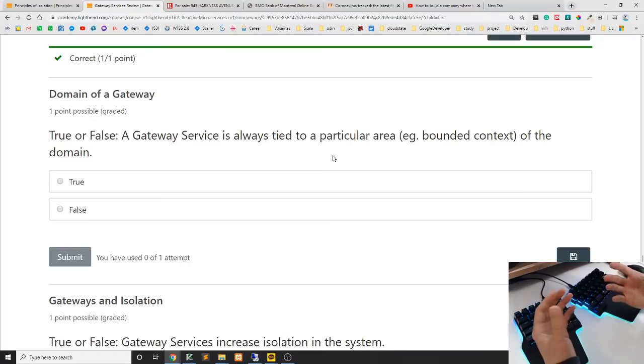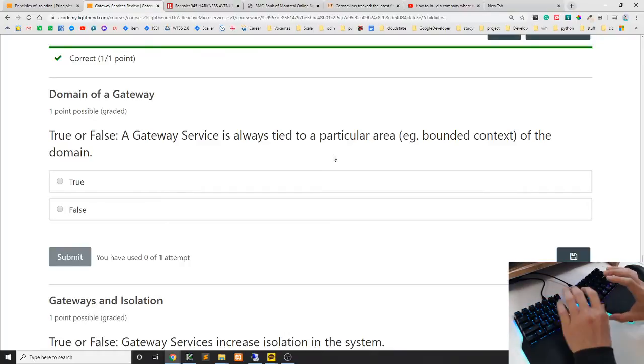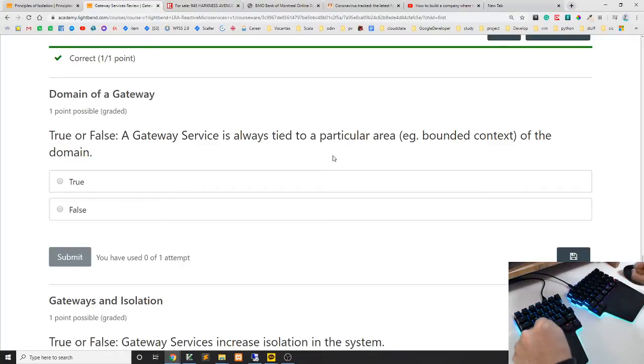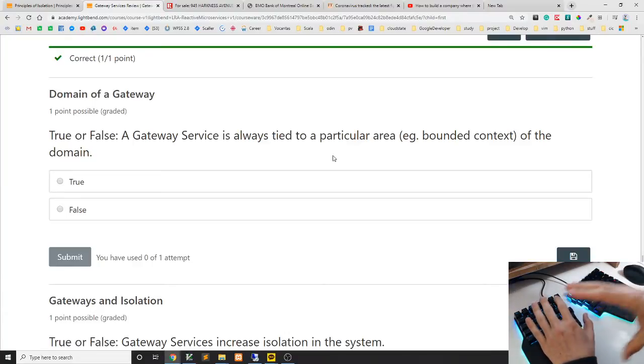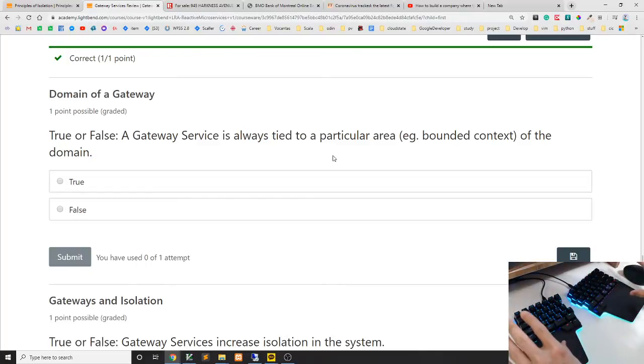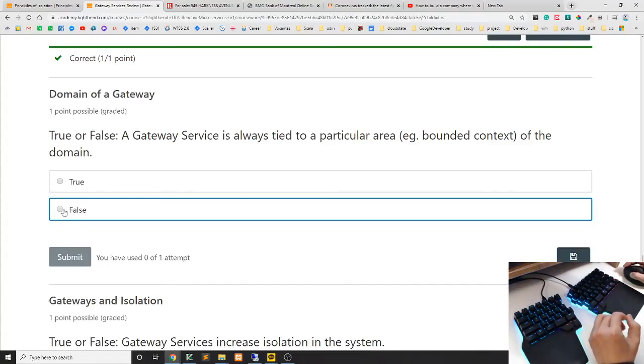Then to aggregate those two pieces of information together, it cannot be tied to one particular area, because the gateway service is the specific service to bring some information from the microservices and then aggregate it together. So that should be false.